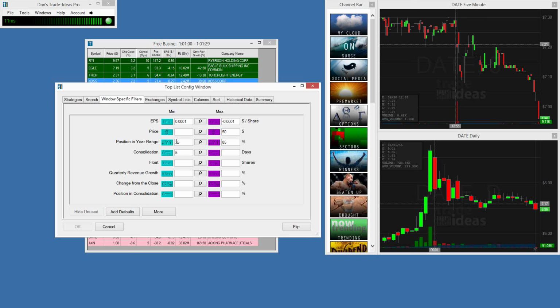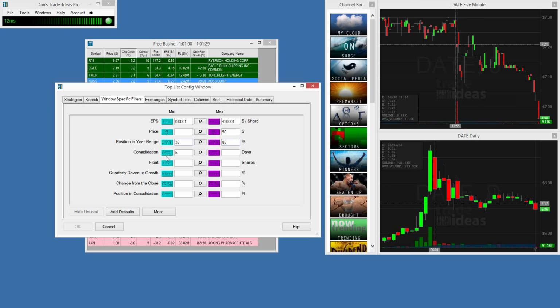So the stock has to be at least 35% off of the low, which is 0. Okay, but I don't want stocks that are hitting highs, because I want to be in them when they hit new highs. So the way that I avoid that is I say I'm excluding the top 15%. So I have a minimum range of 35 and a maximum range of 85.